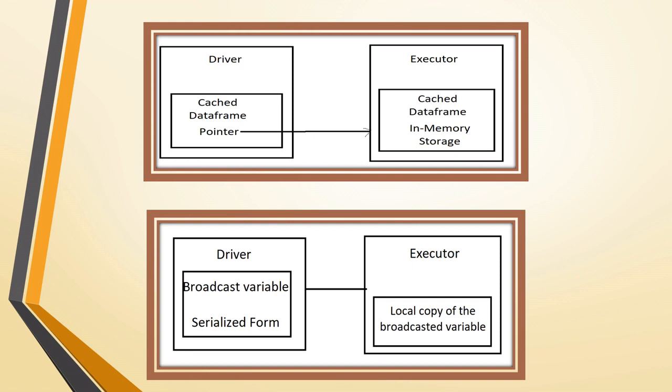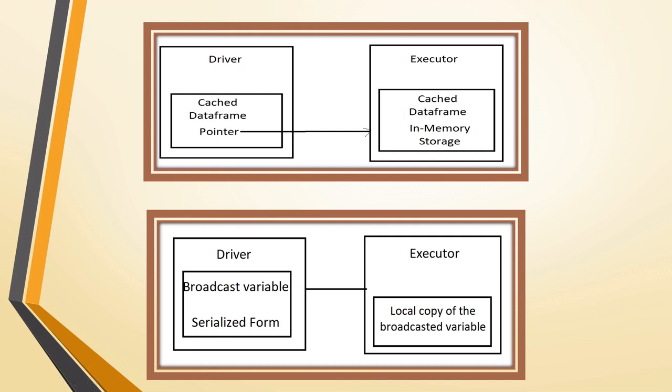Then how the driver program comes to know about the caching is with a pointer. The driver program maintains a pointer or reference to the cached data frame, which enables it to coordinate operations on the data frame across the executors.